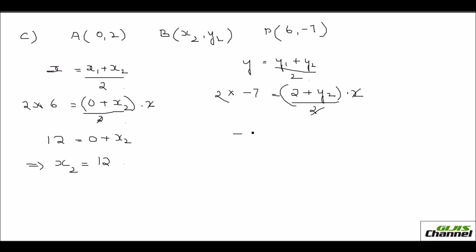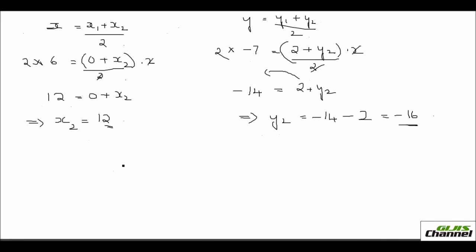So you get negative 14 equals 2 plus y2. So that implies your y2 equals negative 14 minus 2. Take this positive 2 to the other side. It is minus 2. So you are left with negative 16. So you got your x coordinate and the y coordinate of the endpoint.